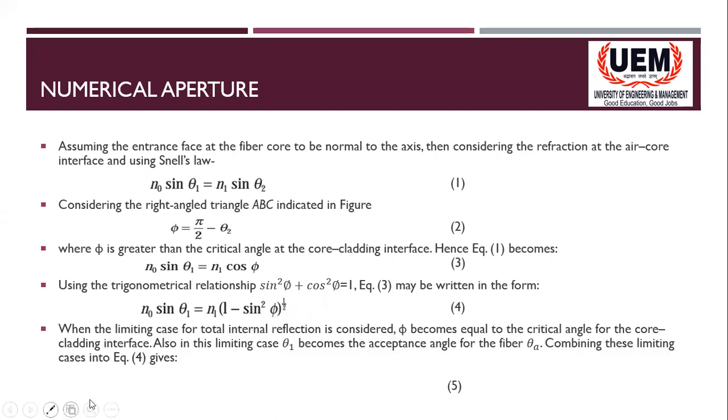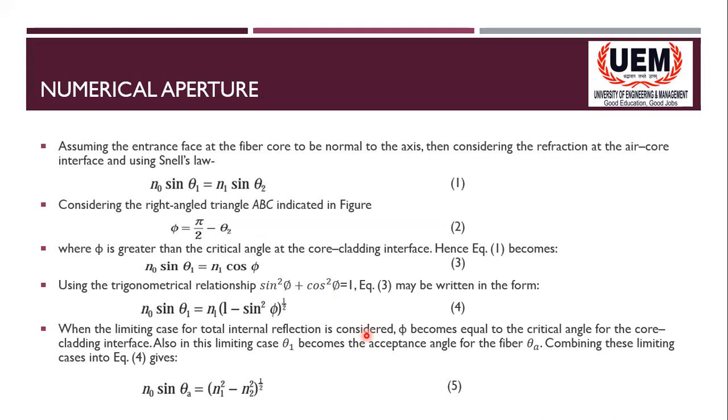Now if we take the limiting case of total internal reflection, it means that the angle phi becomes equal to the critical angle for a core and cladding interface, which is nothing but 90 degrees.